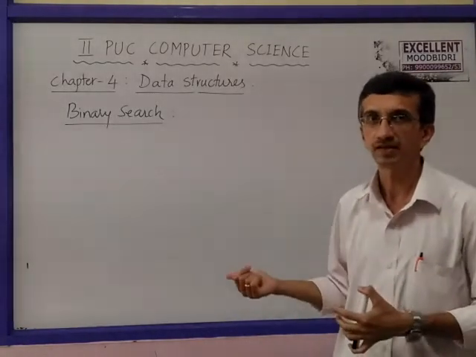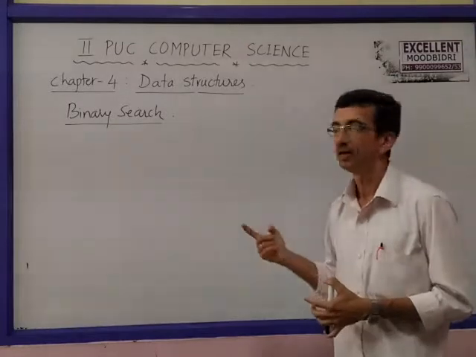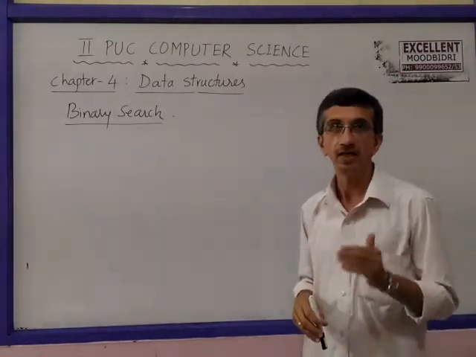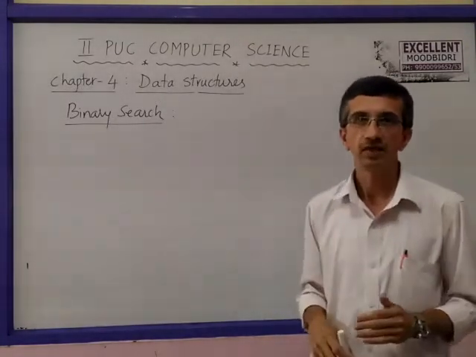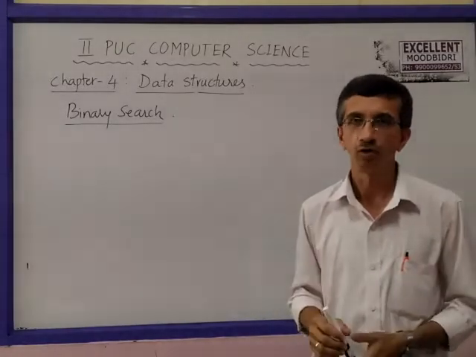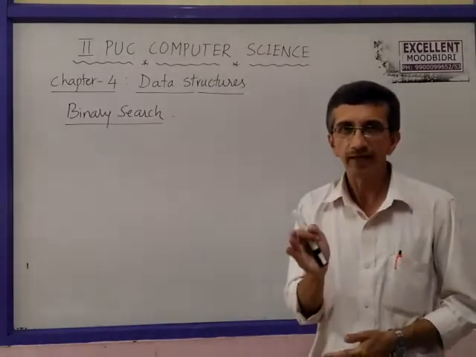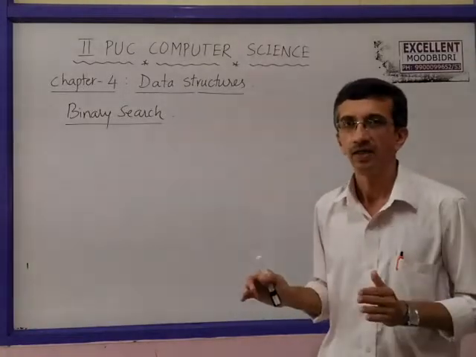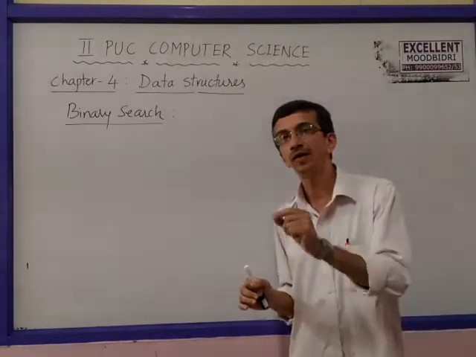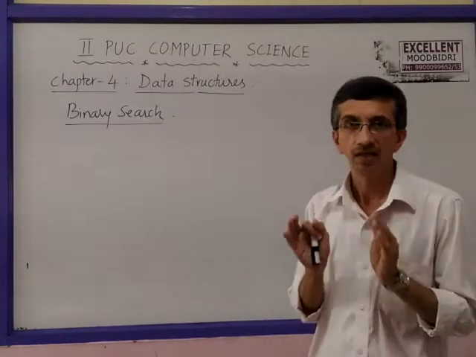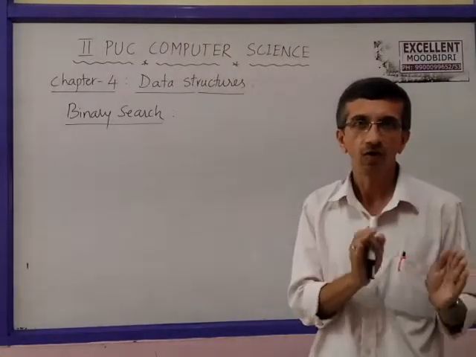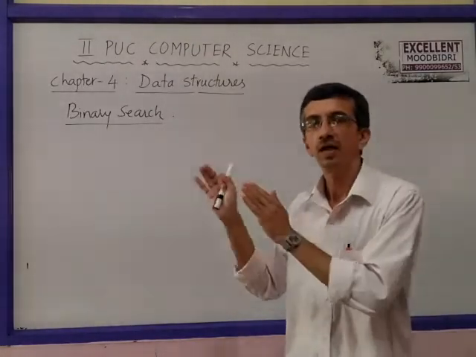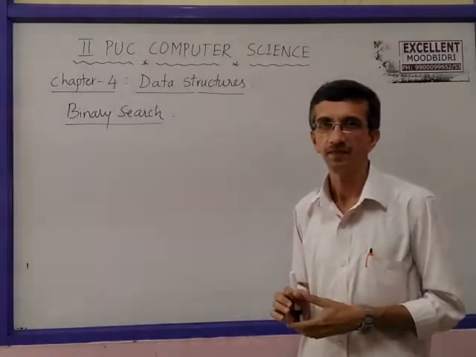But in binary search, the first requirement is all the items of the array must be in order, especially in ascending order. When you divide the array into two sections, if the search item is not found at the middle item, either it is present in the first half or in the second half.